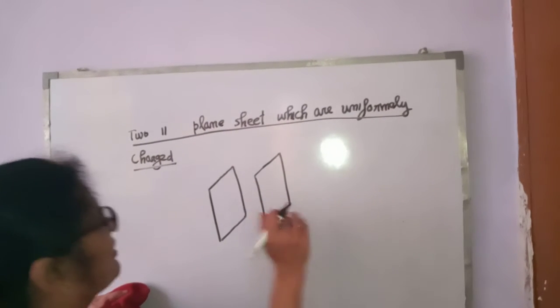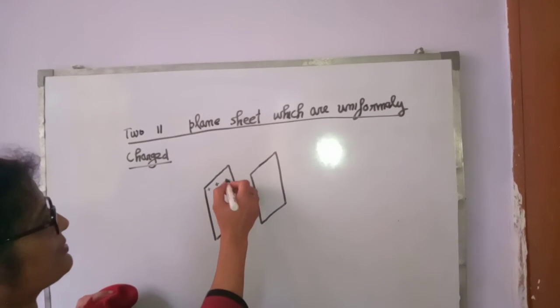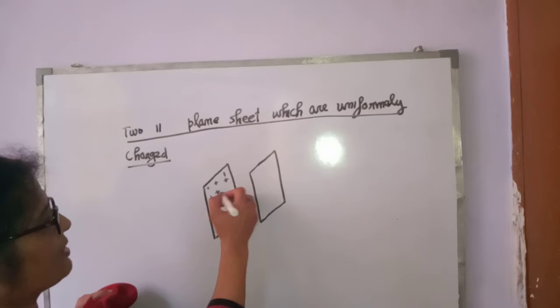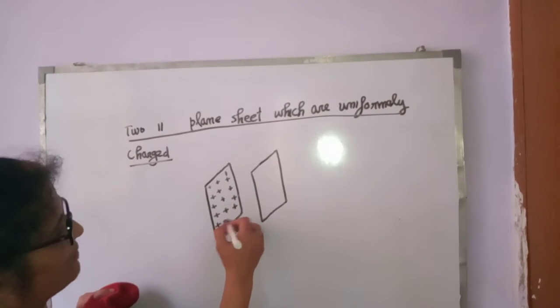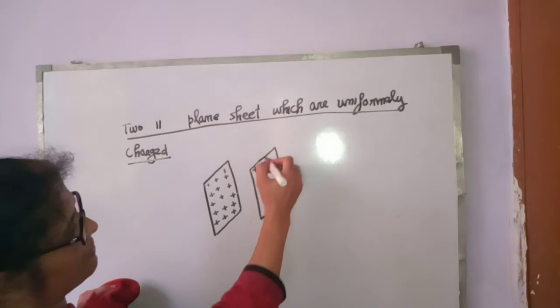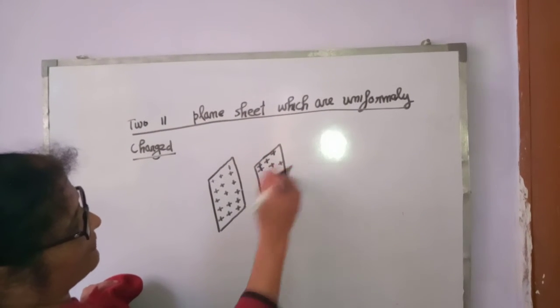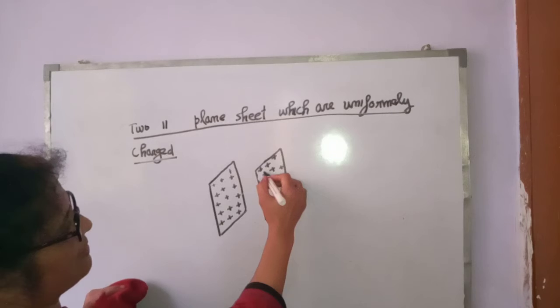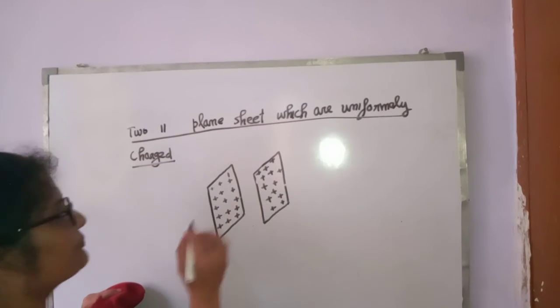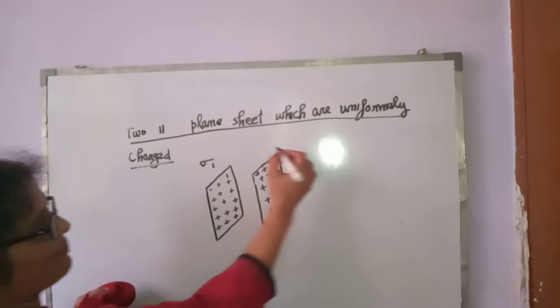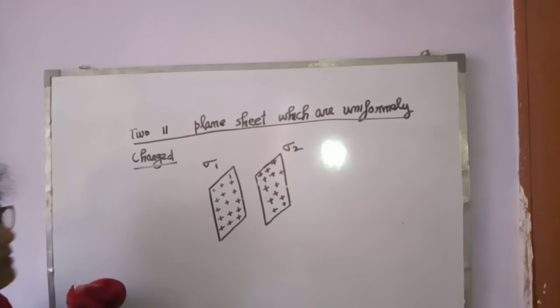This one is positively charged, uniformly charged, and that one is also positively charged, uniformly charged. The surface charge density of the first is sigma 1 and of the second is sigma 2.